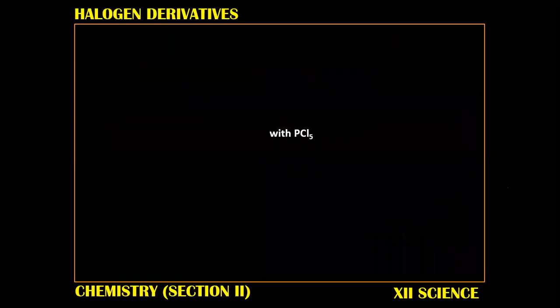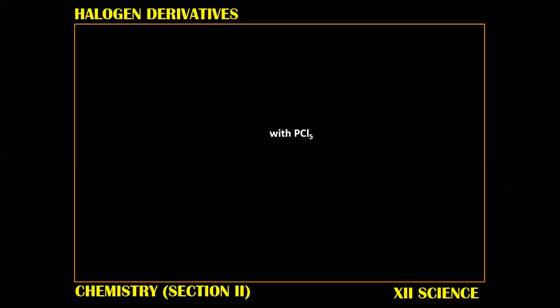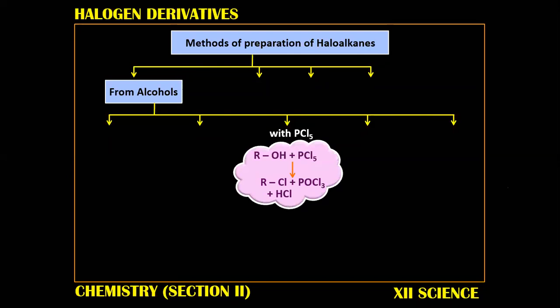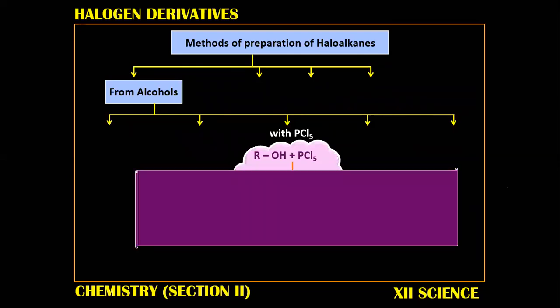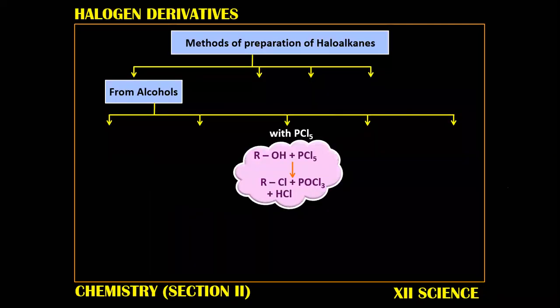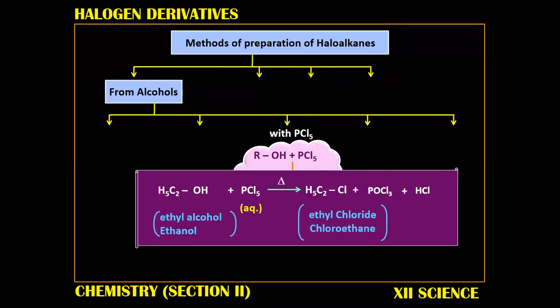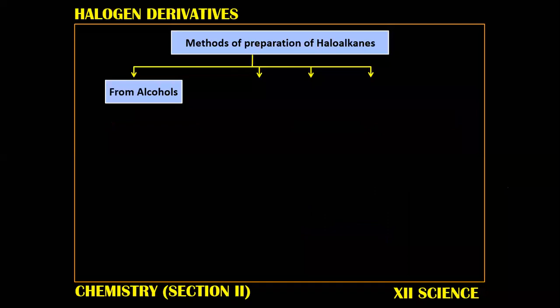Then we did with PCl5. When alcohol reacts with PCl5, we get alkyl chloride, POCl3 and HCl. Then we did an example with ethyl alcohol. Then I did with SOCl2.